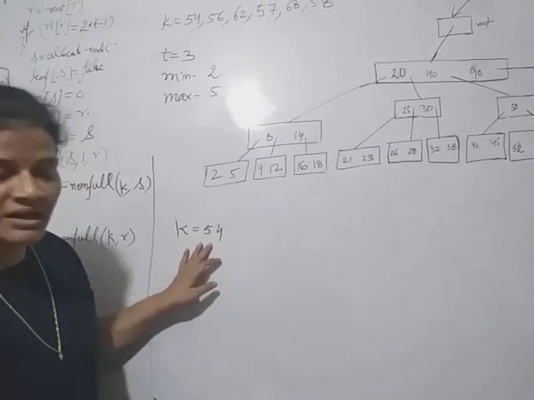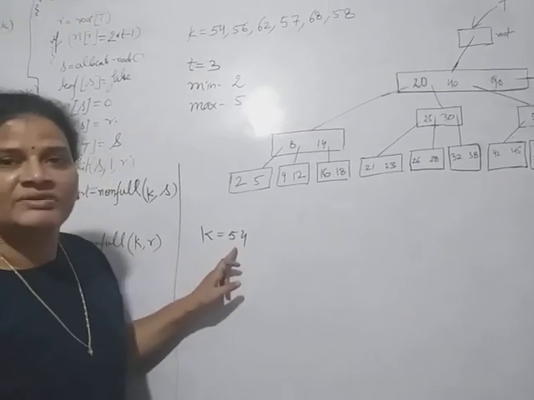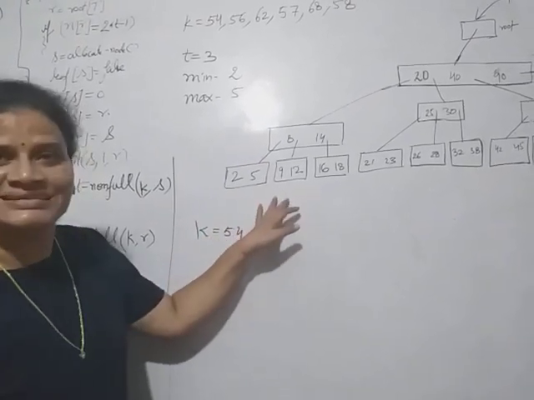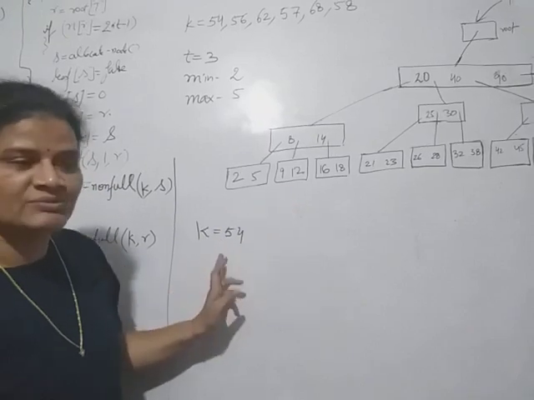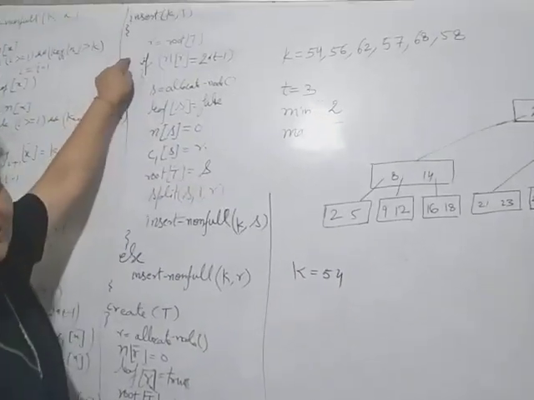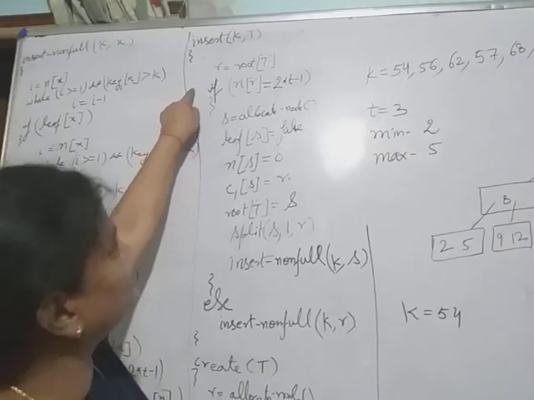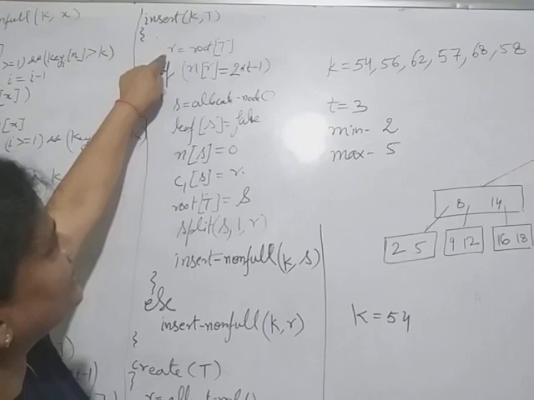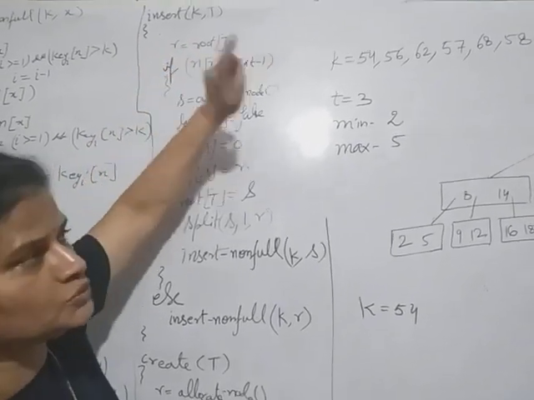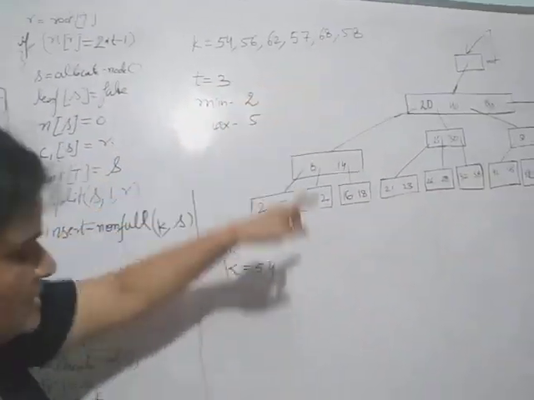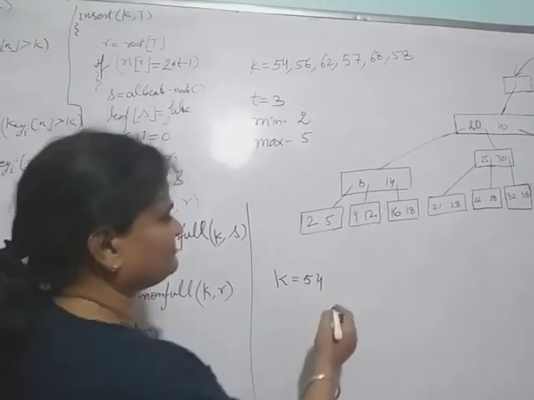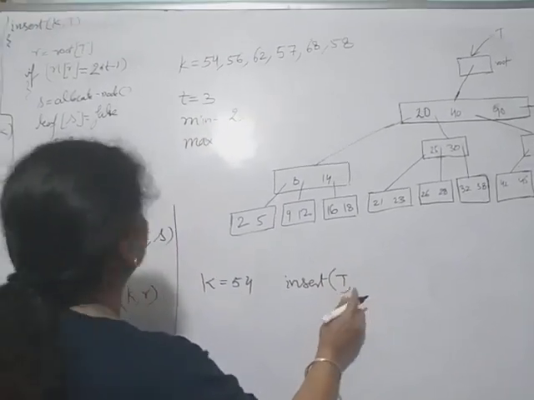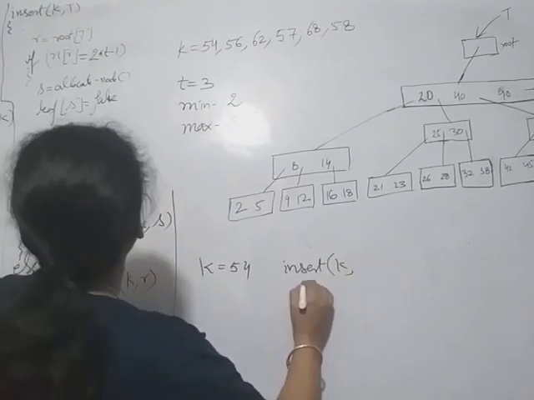According to our algorithm, we always start from the root, so from main, as the tree is already created, it will simply call the insert function, which I described earlier in B tree part 2, the insertion algorithm. Simply I will call insert with k and T.